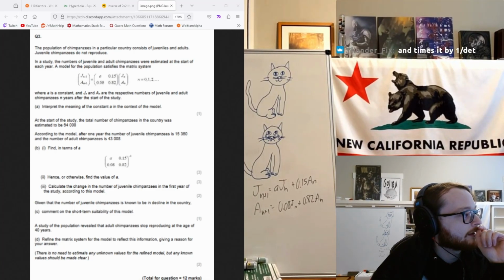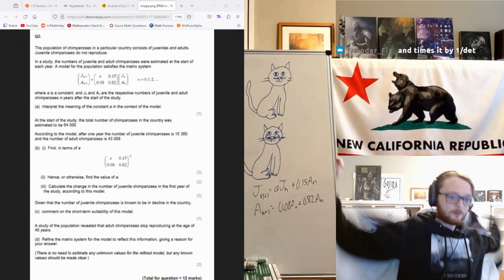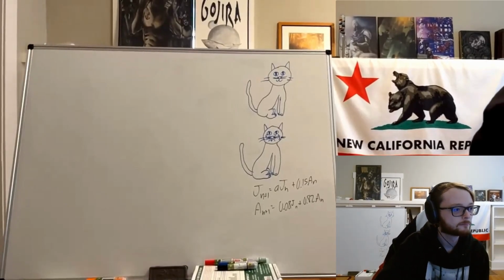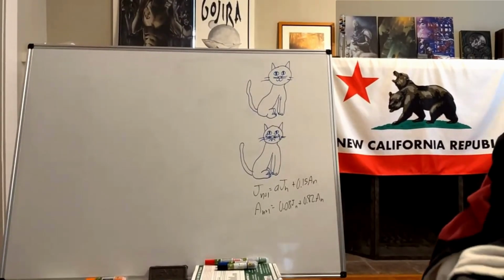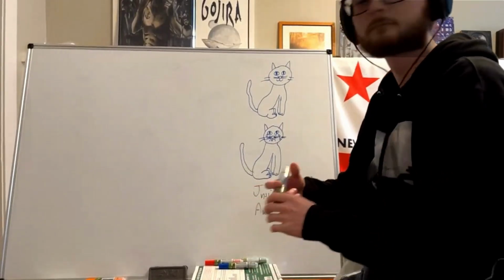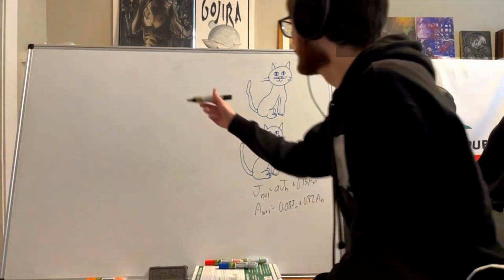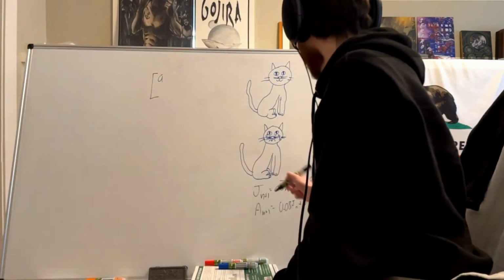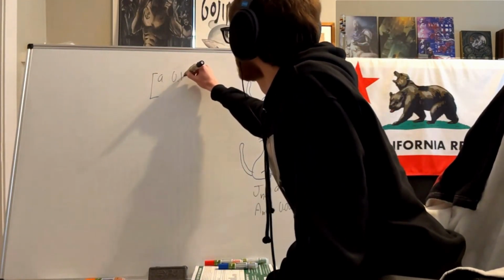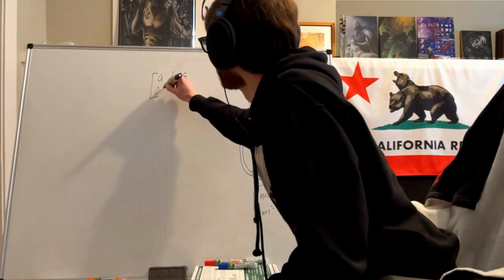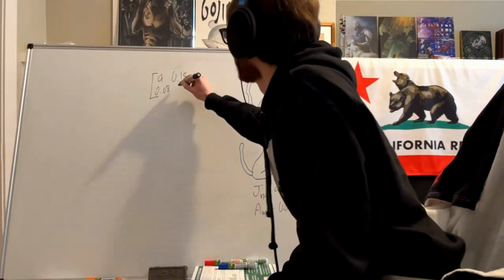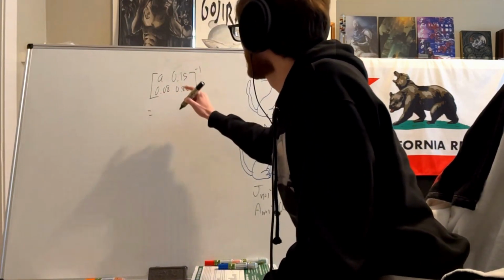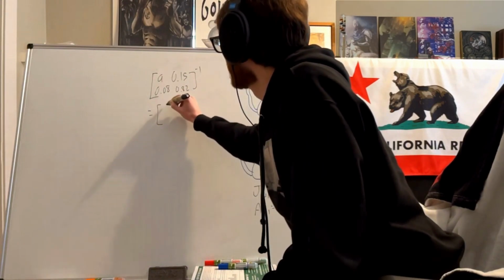Okay, so let's find the inverse of that matrix in terms of small a. So we have a, 0.15, 0.08, 0.82. Inverse. So switch the top left and bottom right. Wait.